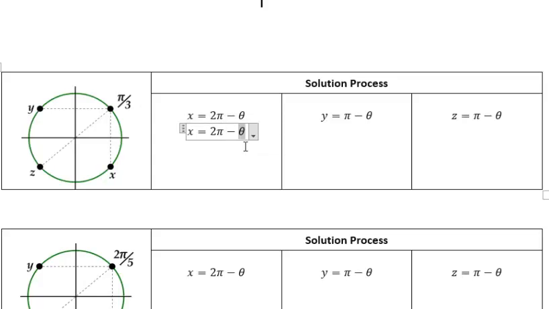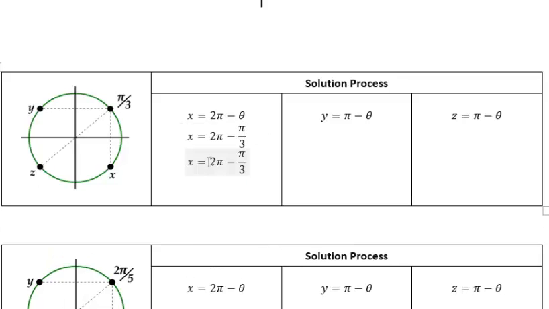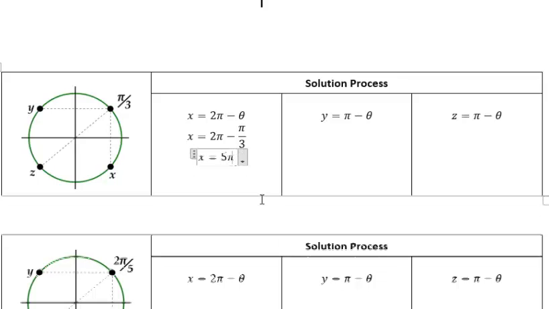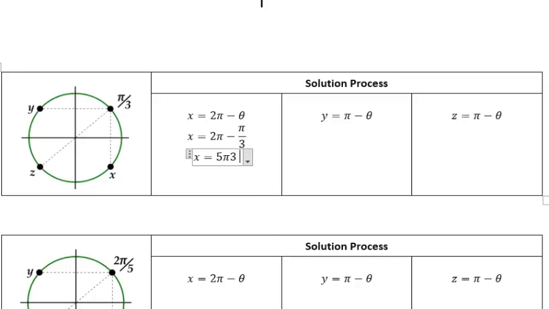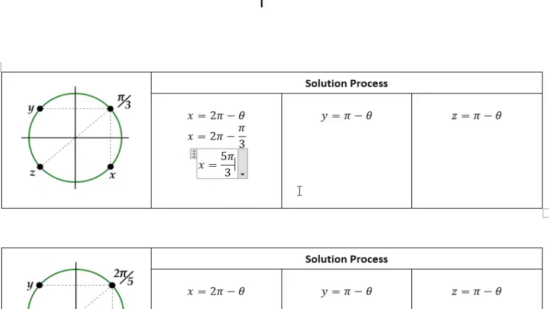And what will be the answer for 2 pi minus pi over 3? The answer will be 5 pi over 3. And that's it. That's how you get this angle.